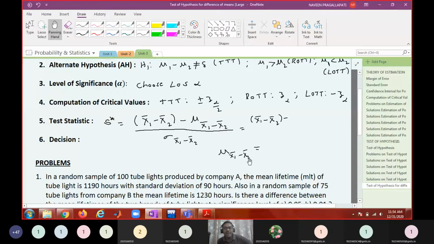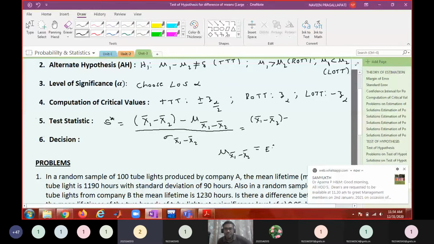Mean of x1 bar minus x2 bar. Do you agree? Yes, sir. Mean of sampling distribution of difference of means. What is the other name for mean? Average. What is the other name for average? Expectation. So this is nothing but expectation of x1 bar minus x2 bar.